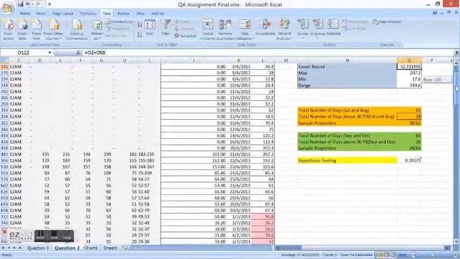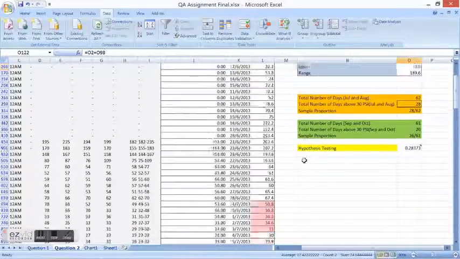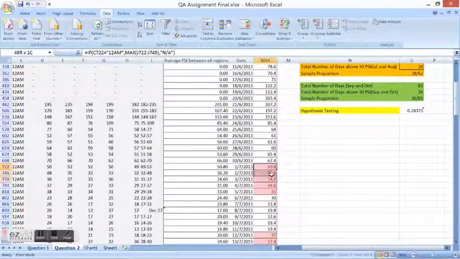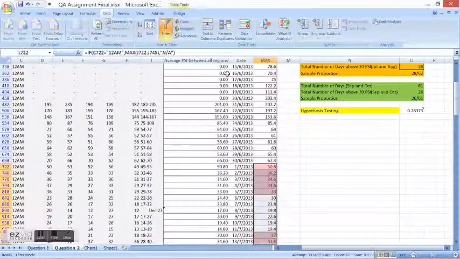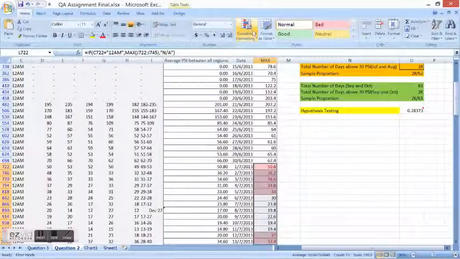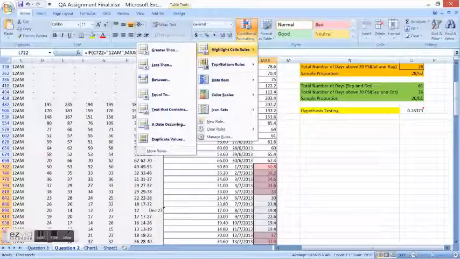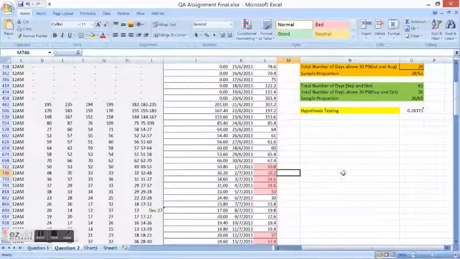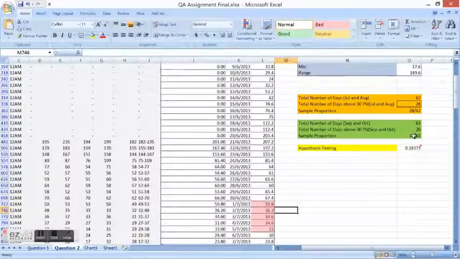The 30 is set as the benchmark. Between July and August and September and October, we are supposed to compare these two values. So first I highlight from July onwards, and I do conditional formatting, which I set as greater than 30.